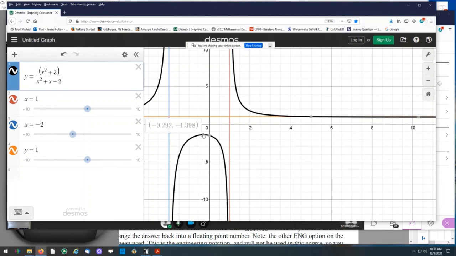That's what I like about Desmos. It automatically picks the max. So the maximum y value in this range over here is negative 1.398. Now the other one was slightly different there. It's 0.954. So what does that mean in terms of our range? What are the allowable values?